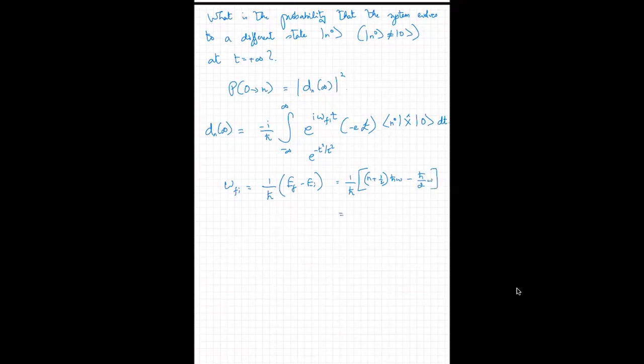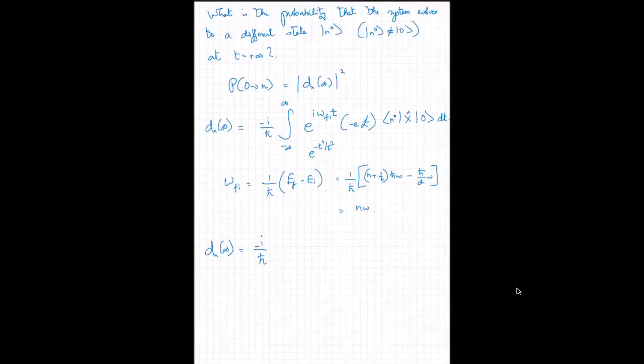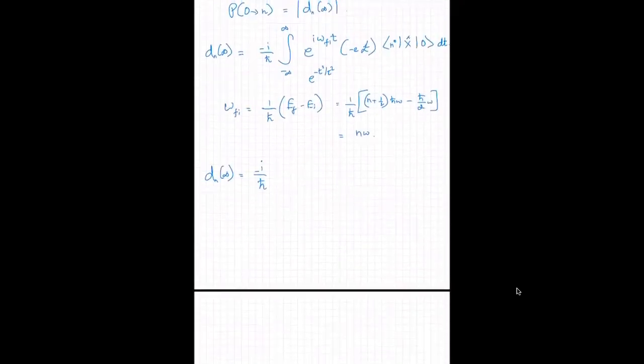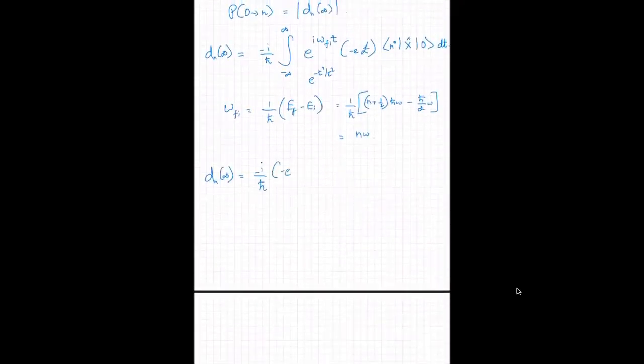So this is basically n omega. So d_n of infinity, where I'm calculating the probability amplitude for the simple harmonic oscillator to evolve under this time-dependent perturbation theory into a different state n, starting out with the state |0>, would be, take out all these constants outside, integral from minus infinity to plus infinity of e^{i n omega t} e^{-t^2/tau^2} <n|x|0> dt.